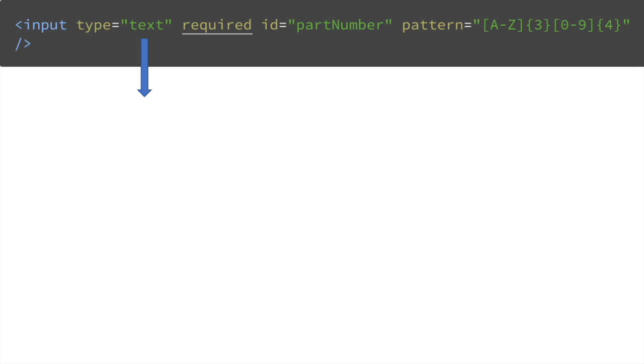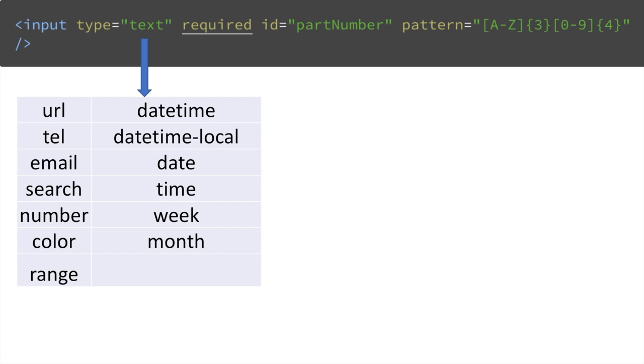Some of those values in the type allow us to do more validation, the list is here. I think there are 13 different types here. For example, if you use the URL here, the form will force the user to enter a URL starting with HTTP or HTTPS and the structure.